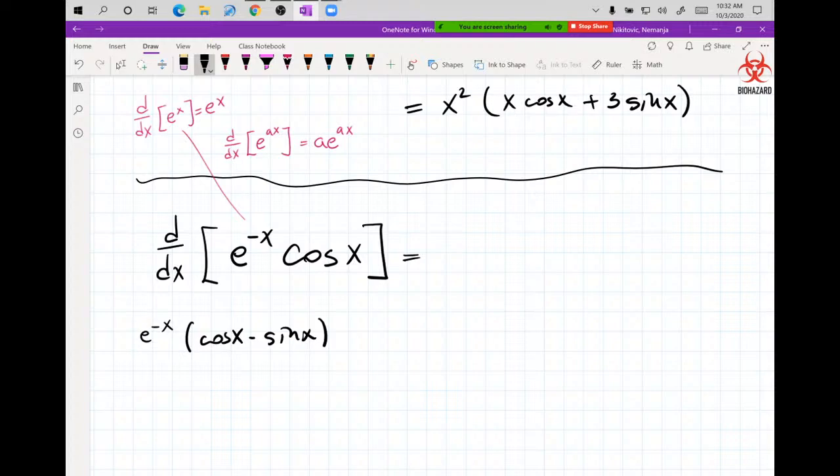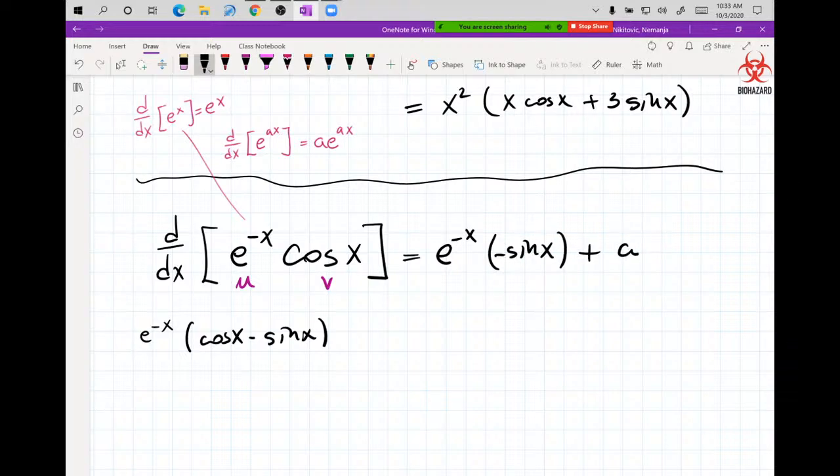That sounds really good. We're going to have, again, the product rule, so u and v. I learned it as copy the first, derivative of the second. I kind of verbalized that rather than u v prime. Whatever makes you happy. So copy the first. Derivative of the second is going to be negative sine.